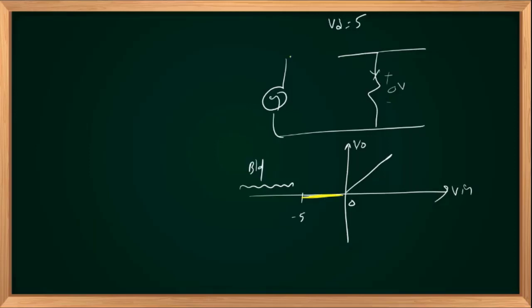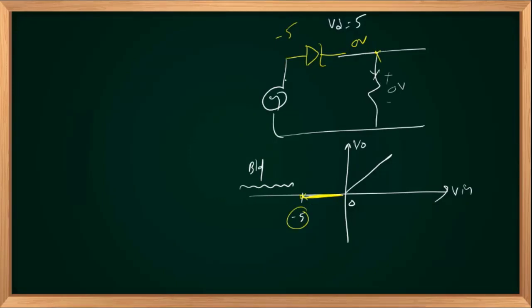And if your V in is less than -5, the reverse bias of the diode exceeds 5 volts. This is -5, -5 appears here. This is 0 volts when it is in open condition. It breaks down.